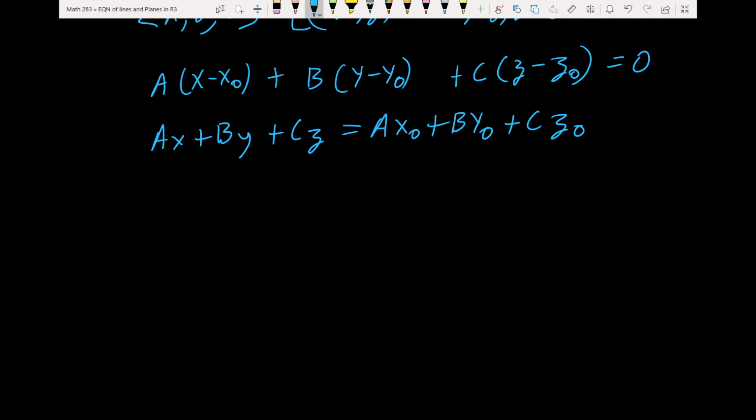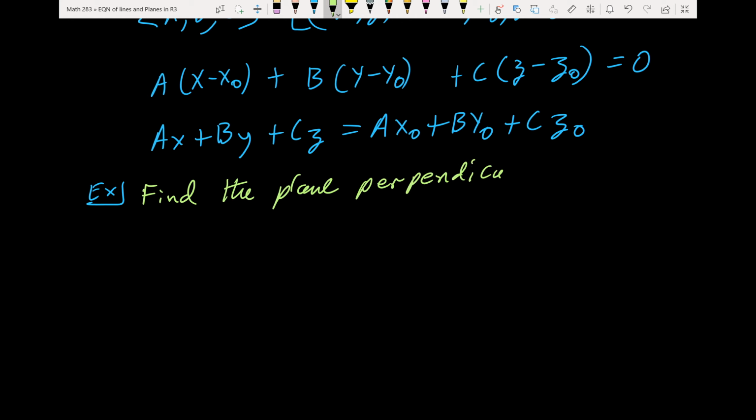Let's look at an example problem. Find the plane perpendicular to 1, 0, 1, 2, 2, 4, 6.